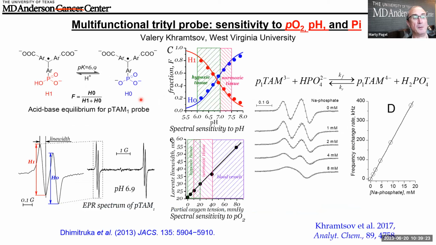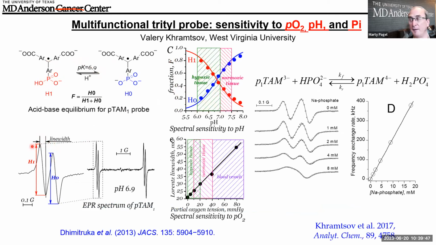So here's an example where the phosphonate of this agent can change its protonation state relative to pH. Therefore, the two peaks that give rise to these different forms in the EPR spectrum can be measured, and the relative ratio of those two peaks can then be used to measure pH. So that's based on the height.